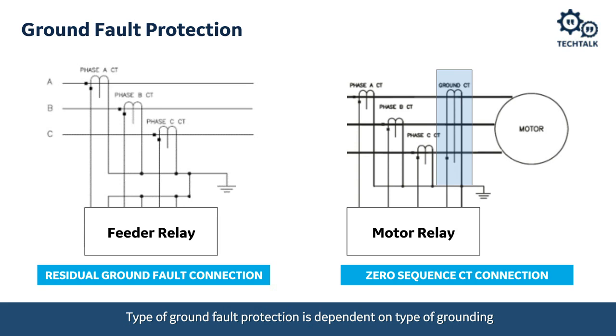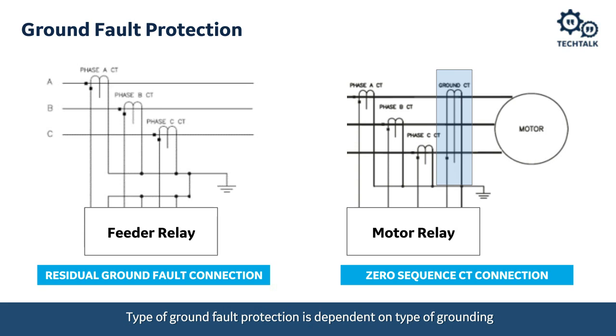Likewise, if we have the zero sequence CT connection, if we have an engineered ground fault of a few hundred amps, we can easily see that with the small ratios that will typically be available in the zero sequence CTs. Typically, those zero sequence CTs are some ratio like 50 to 100 to 5.